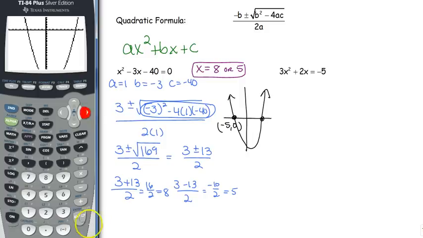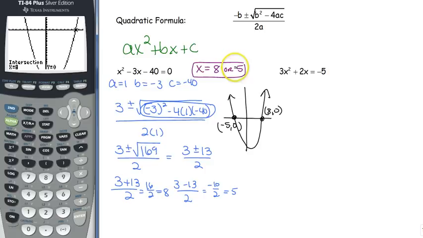If you just hit enter again, you'd get the exact same answer. And we get that our second one is at 8, 0. So I missed that negative. So negative 10 divided by negative 2 is a negative 5. So don't be like me and make sure that you're paying attention to your positive and negative signs. We see that we have two solutions. We have two x-intercepts.